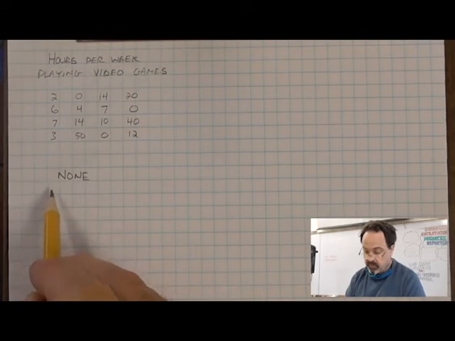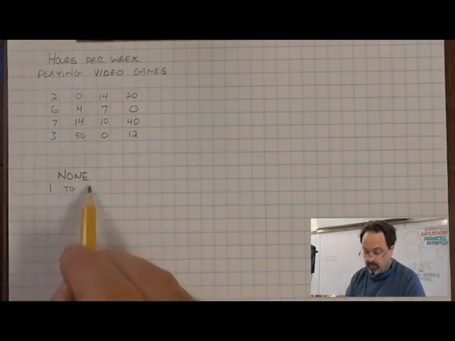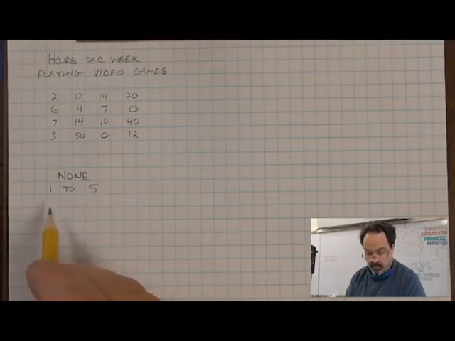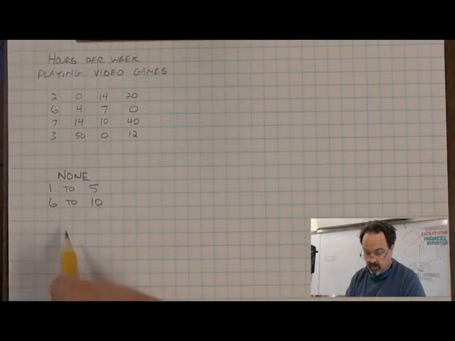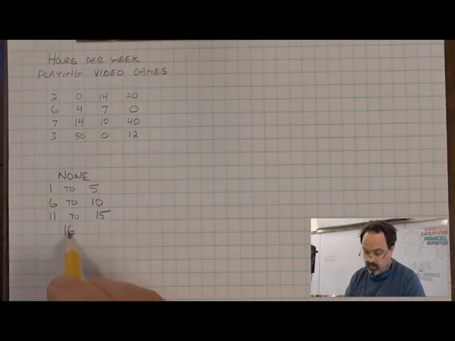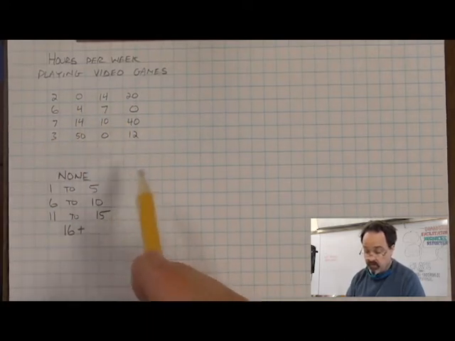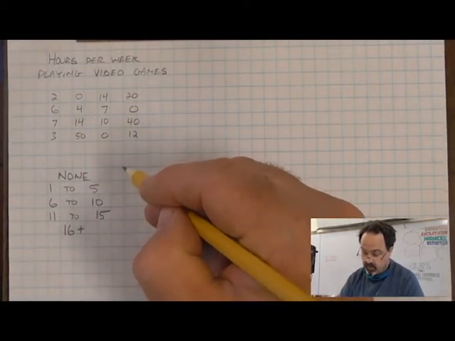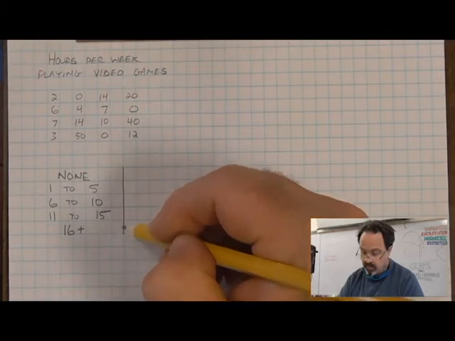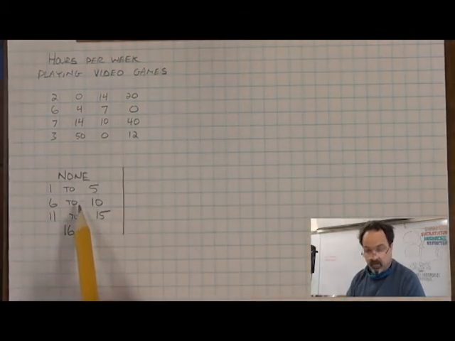I'm going to choose a category for responses 1 to 5, a category 6 to 10, 11 to 15, and 16 or more. I've chosen 5 categories to put these numbers into. And what I'm going to record is how many responses I get in each category.